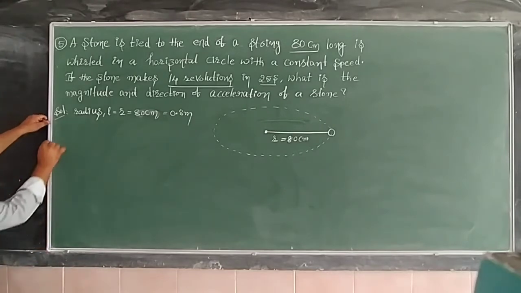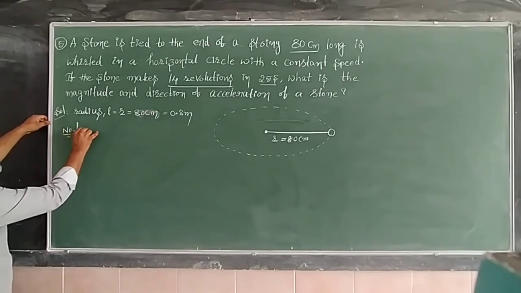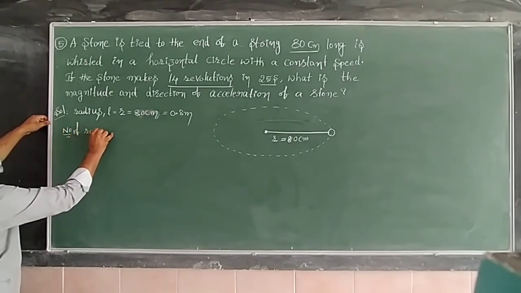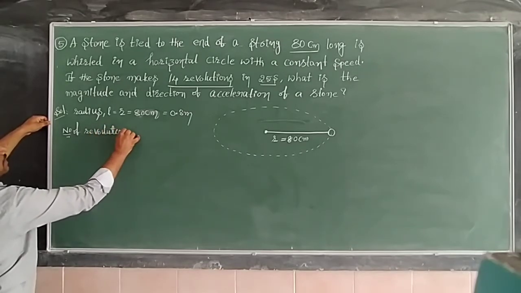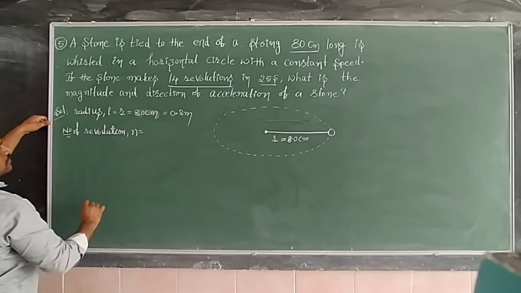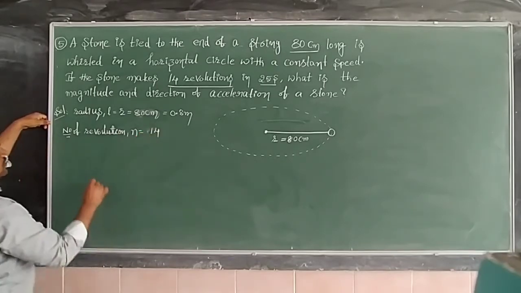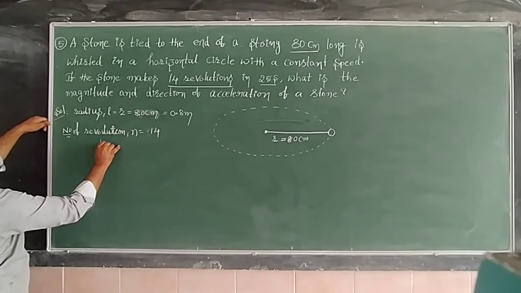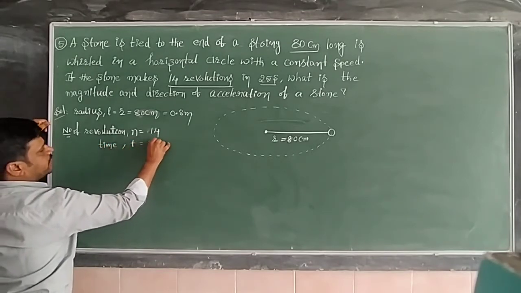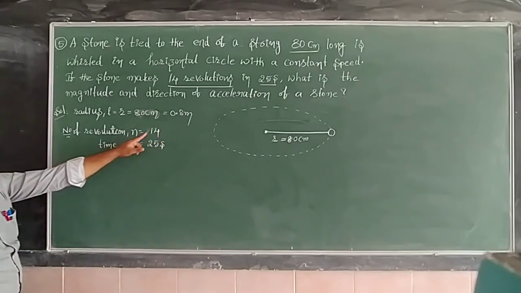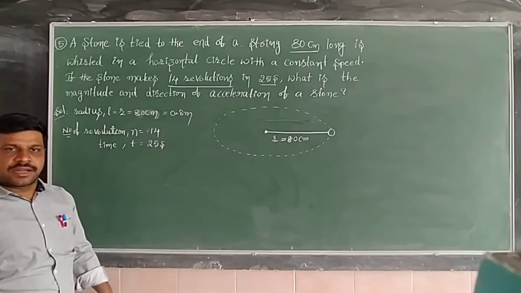Thereafter, the number of revolutions n is 14 revolutions. The time for 14 revolutions, t, is 25 seconds. The number of revolutions does not have any units because it is a number.